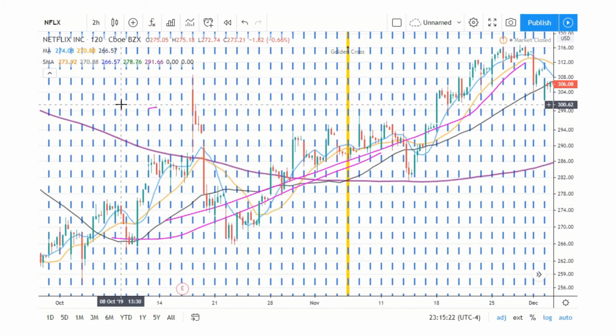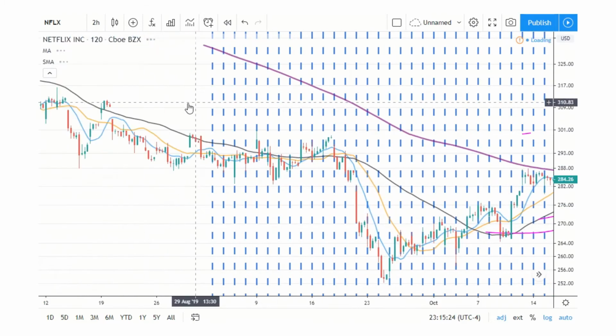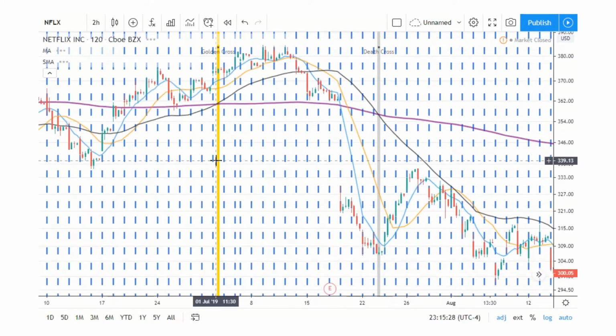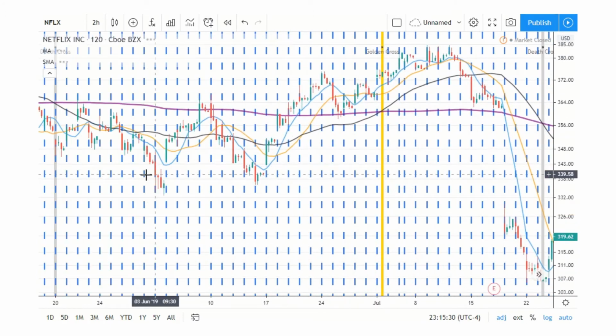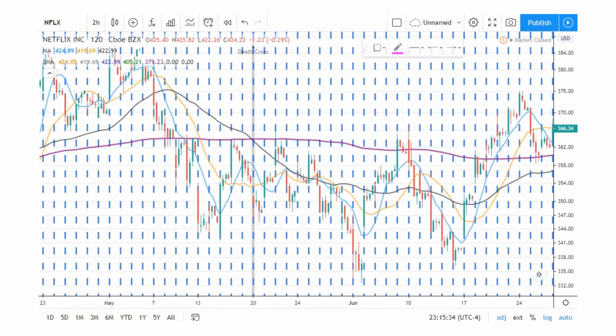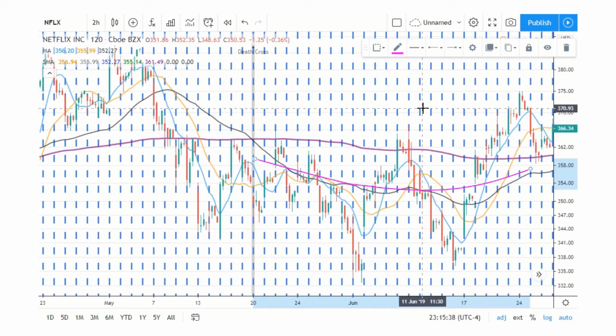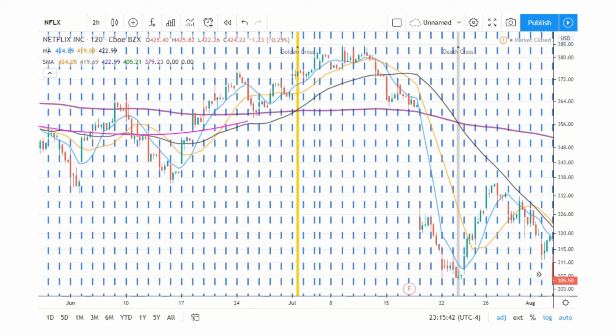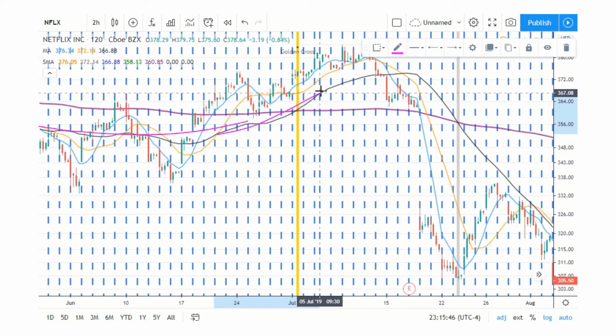Okay, let's go a little bit further. Here they are moving together. Over here it moves up above the 200, brings the stock with it.